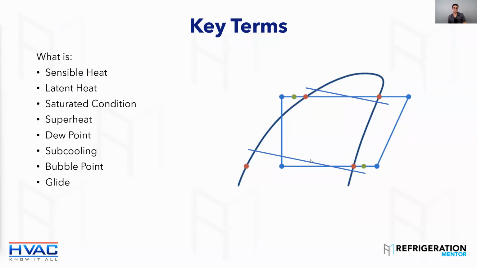So what you need to understand with glide is, you always do superheat with what point? We said it already. When I'm checking superheat with a glide refrigerant, you want to check it with what? You can throw it in the chat. You can unmute yourself because this is important.